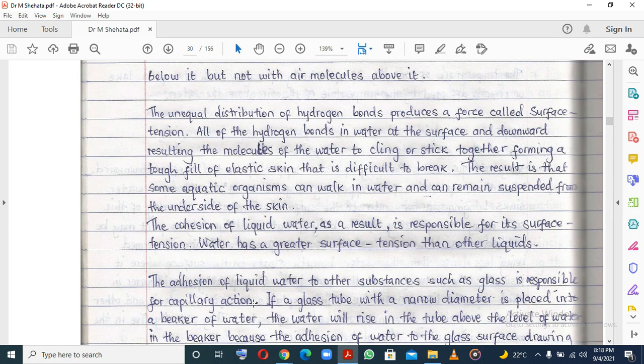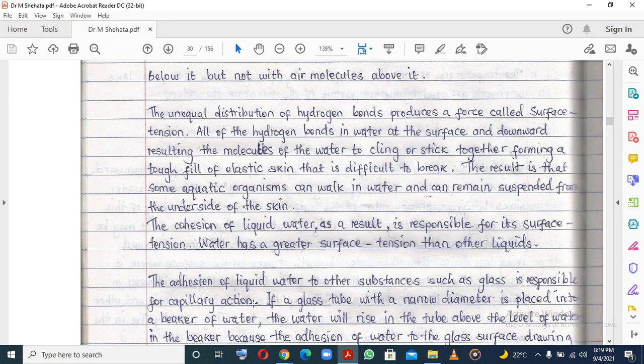On the left, it's attached to a water molecule. On the right, it's attached to a water molecule. Downwards, it's interacting with a water molecule. But on top there's no water molecule, because on top there are air molecules. So because of this, it's like those surface water molecules are tensed.